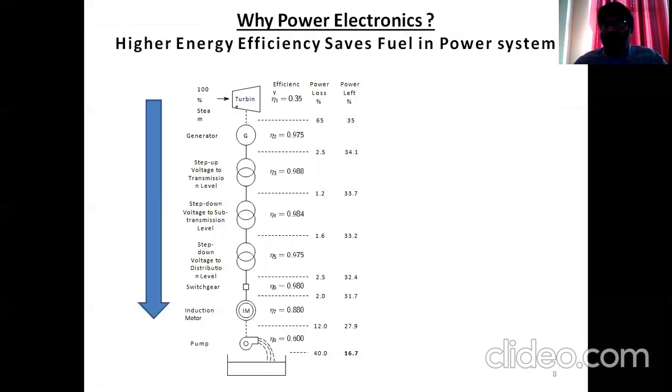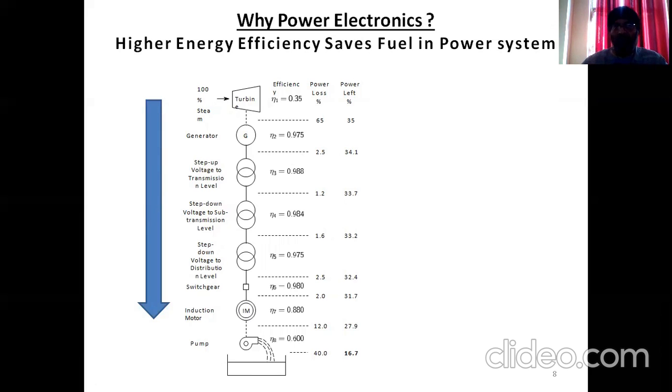Due to the pressure of this steam, the turbines are moved, and the turbine is connected to the generator, which converts that energy into electrical energy. In this process, 65% of the energy is already lost at the output of the generator.